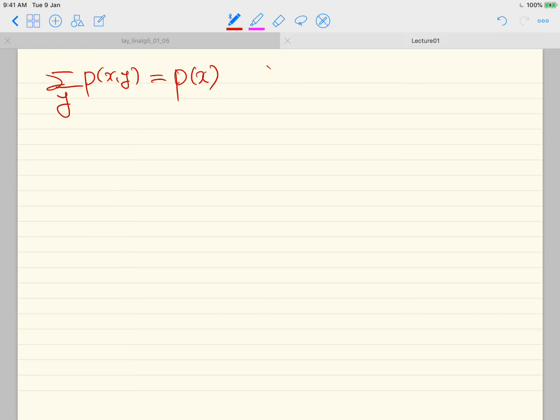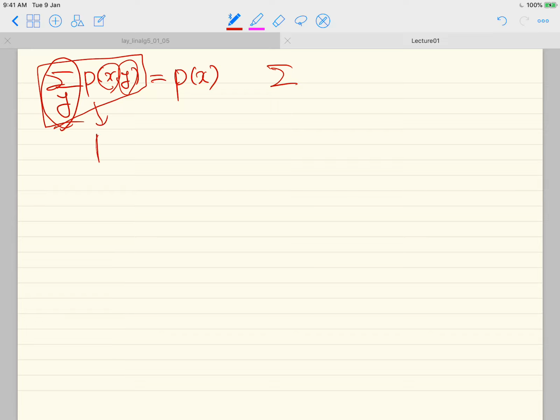Up to this point, x is our unknown, and also y is unknown, right? But we consider all the possible y's, which means that we plug in every possible value of y in this process, okay?